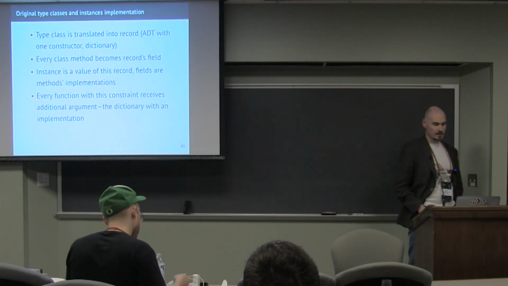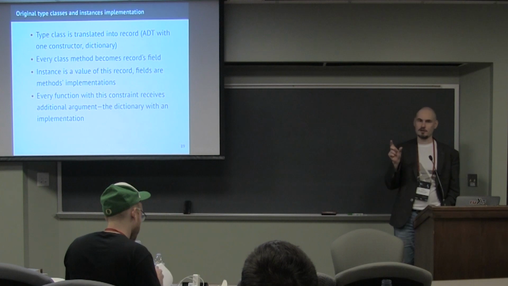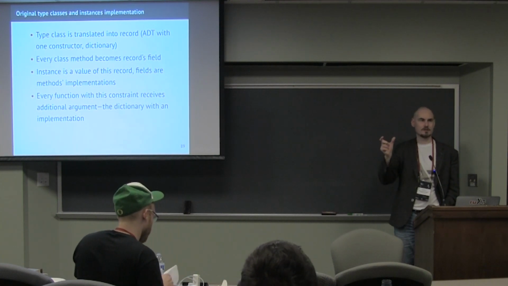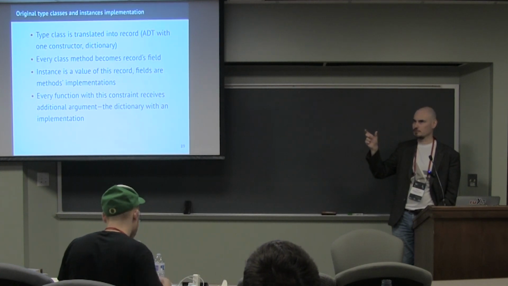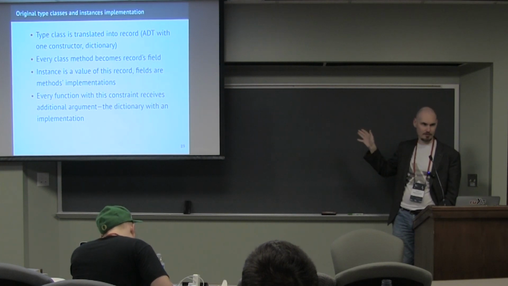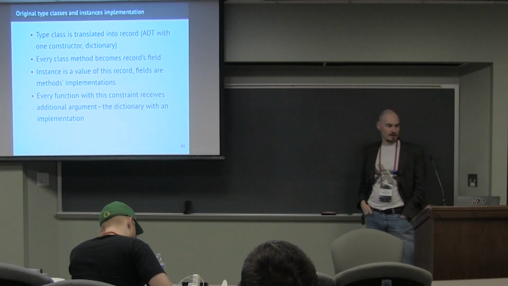Every class method becomes one field in this record. So if you have the Show type class, then you will have a record with one field, show. I think the Show type class has other methods too, but show will work here.